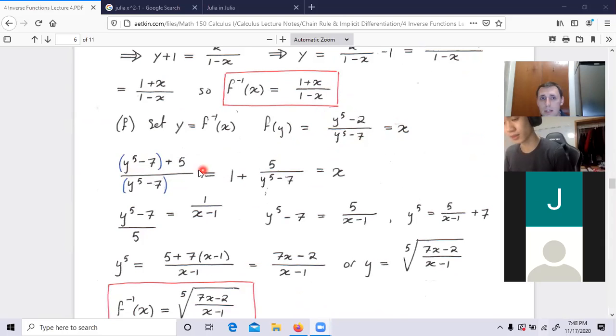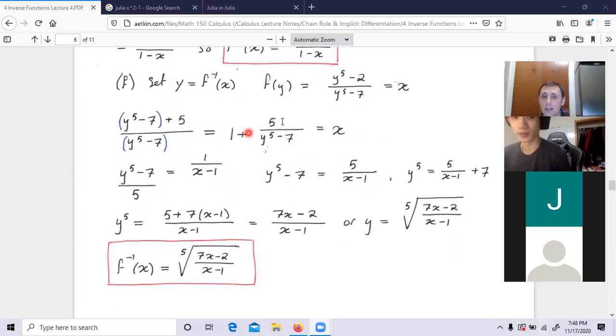Do you see this? Because I just wanted to have the minus 7 here, but I have a minus 2 here. So I need to add 5 to have the minus 2. And then distributing the denominator to y to the 5 minus 7 and to 5, I get 1 plus 5 over y to the 5 minus 7, and that's x. So then simple algebra, you continue and you get fifth root of 7x minus 2 over x minus 1.